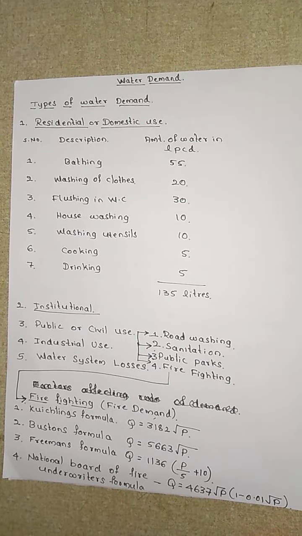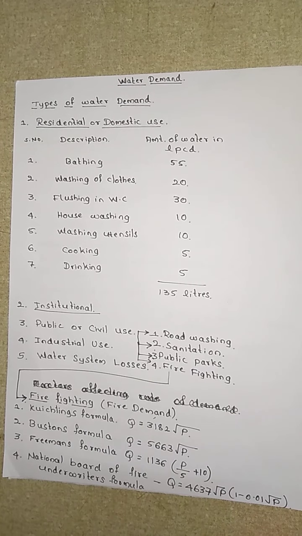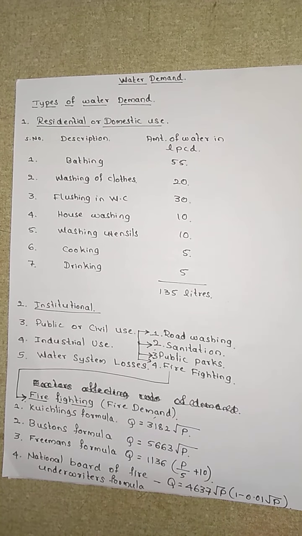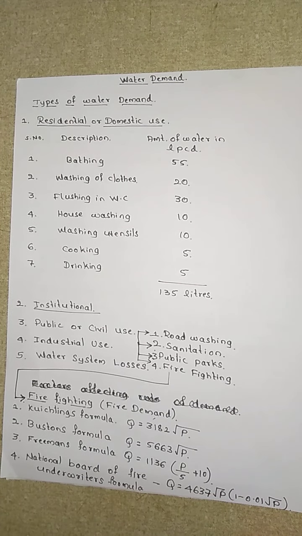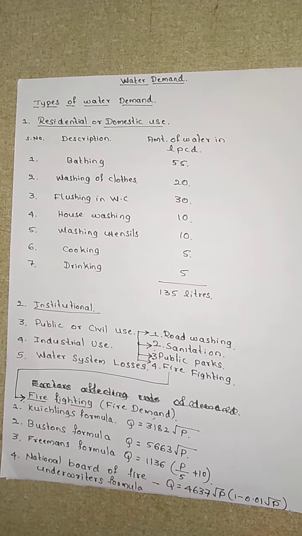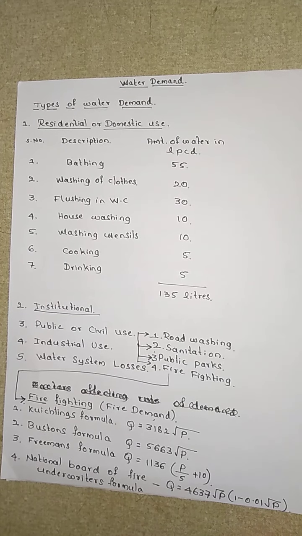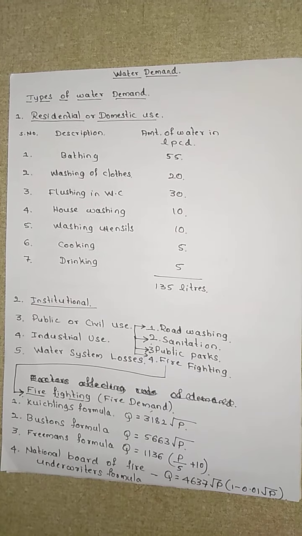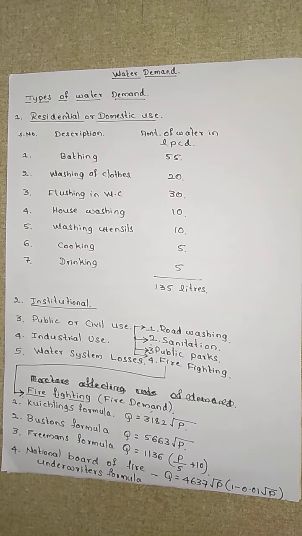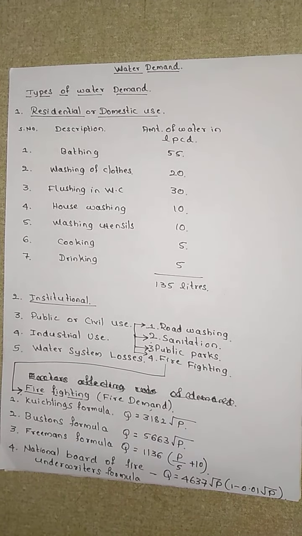So in a residential area, what different activities do we perform? Right from bathing, going to the WCs, house washing, washing of utensils, cooking and drinking. In each and every area we require water for different purposes.